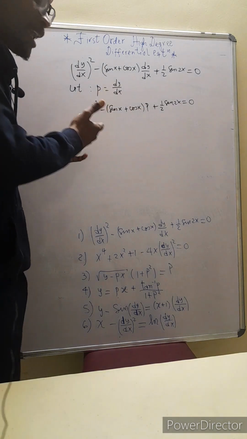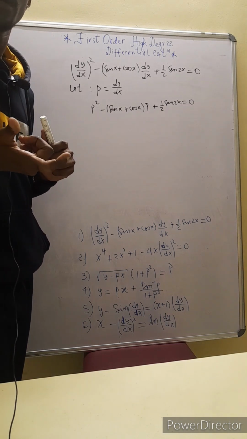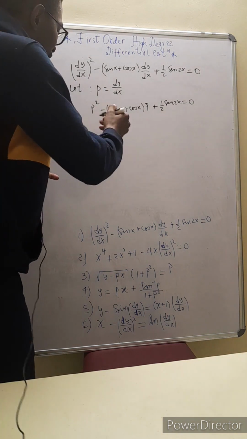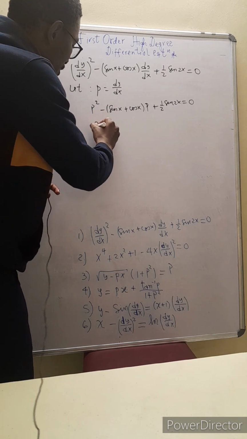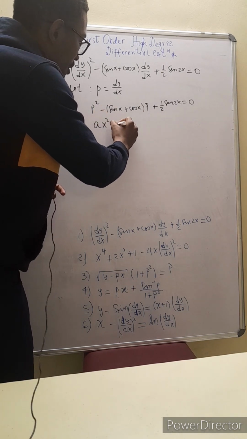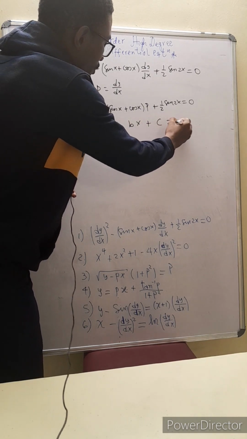You can solve it by the Bhaskara formula, if you compare this polynomial with the expression ax squared plus bx plus c equal to 0.